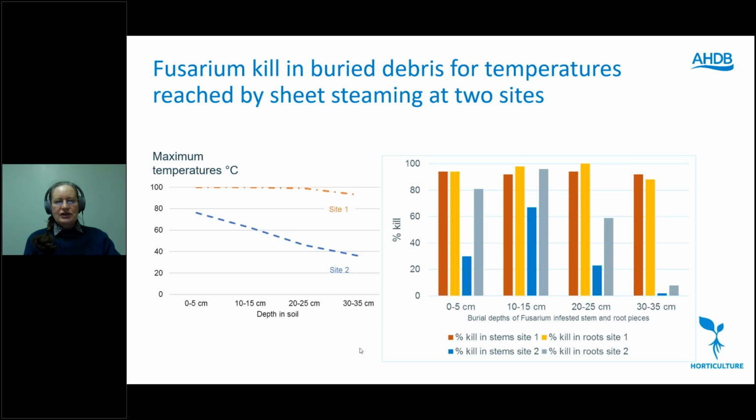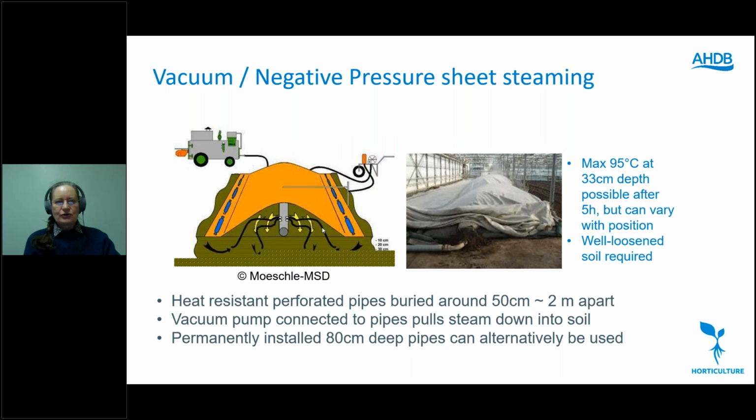One way of getting the heat further down into the soil is by using vacuum or negative pressure sheet steaming. In this you use a pump which draws the steam down, and there's a buried perforated pipe. If you have it temporarily, you can put it about half a metre down. If you're going to install it permanently, you can have it 80 centimetres down, and that pulls the steam down from under the sheet into the soil.